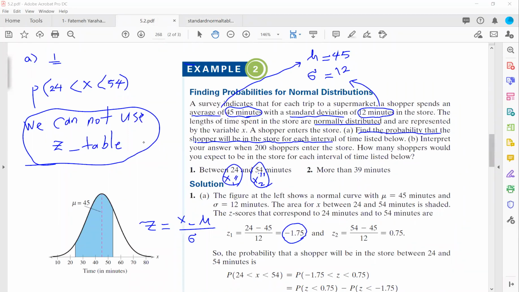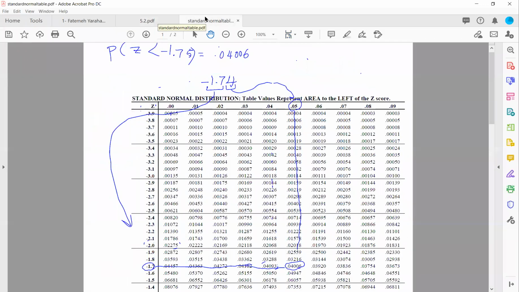You have two x values. So the second z-value is x, which is 54, minus the mean, which is 45, divided by sigma, which is 12. If you do the calculation, you get a positive z-value. So now you look at the table. 0.75.